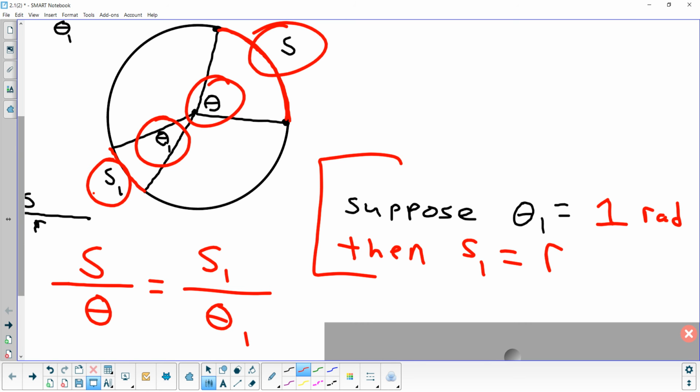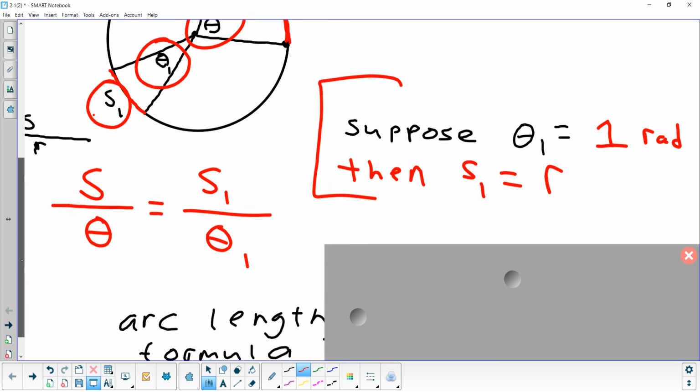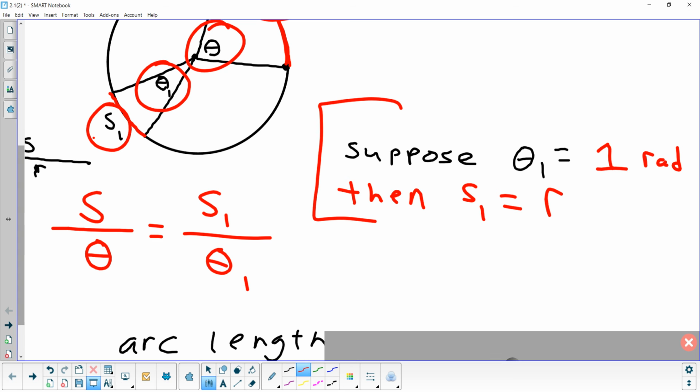Now, we're going to fill in what's in that red bracket. The S isn't going to change, and the theta isn't going to change. But it says, suppose theta 1 equals 1 radian. So we're going to plug in a 1 there.